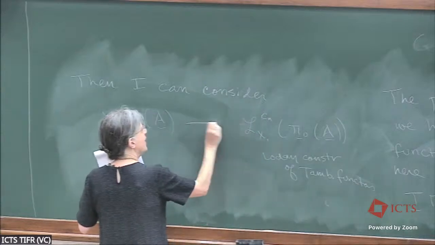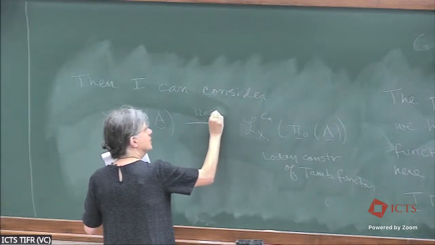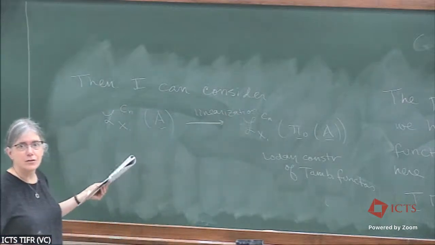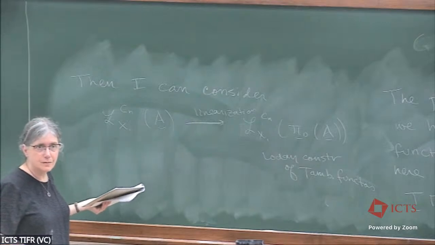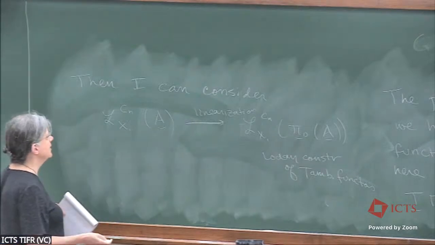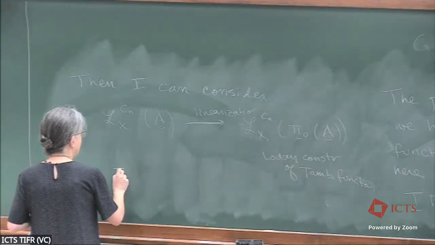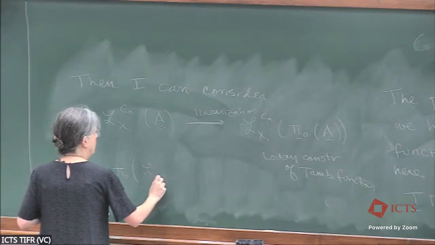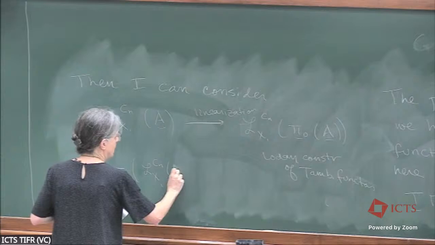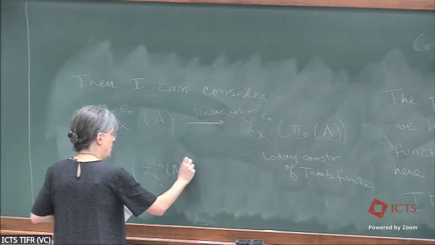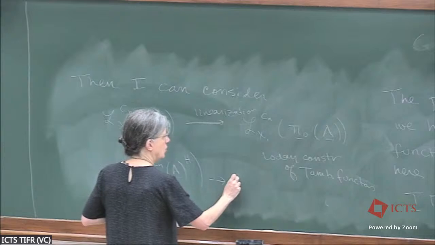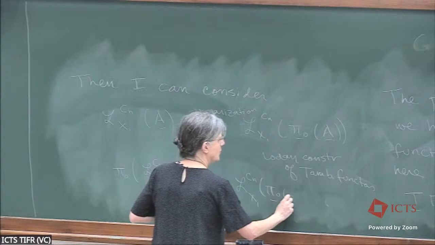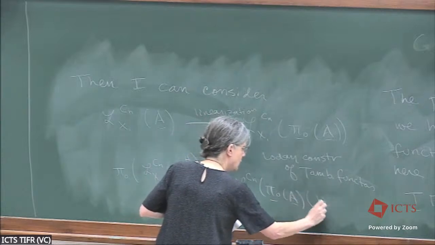And I can have a linearization here that's exactly patterned on what I did in the non-equivariant case. So what I'm going to get is a function from pi 0 of L_X^{C_N} A at H into L_X^{C_N} pi 0 A applied to H.